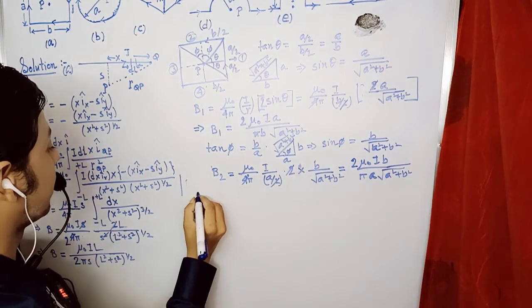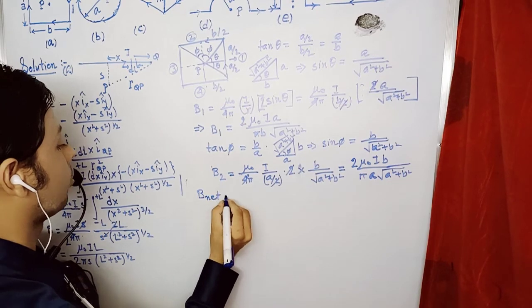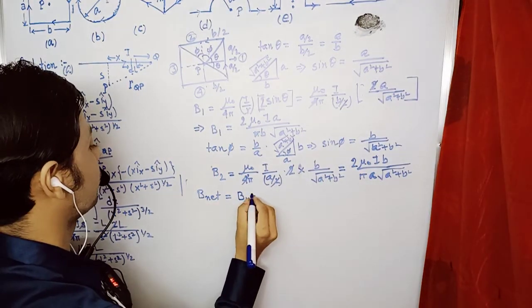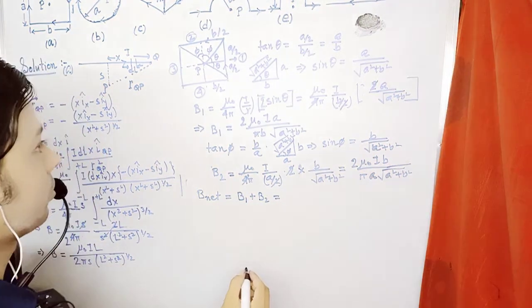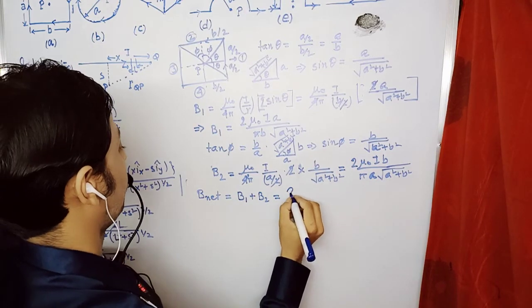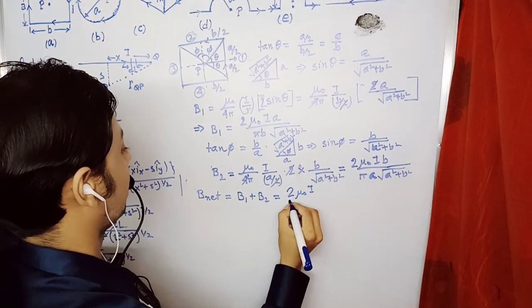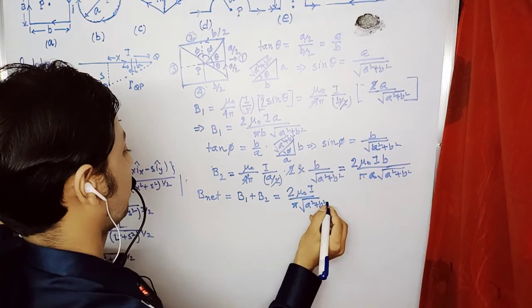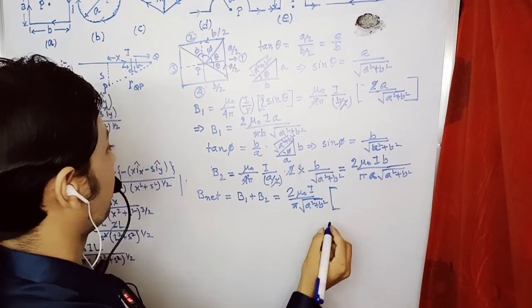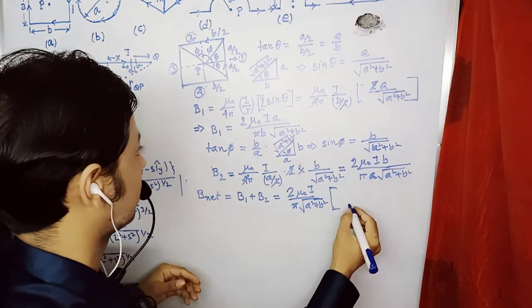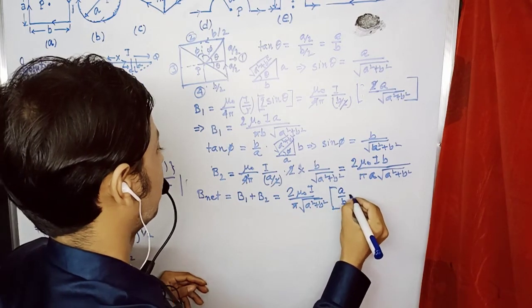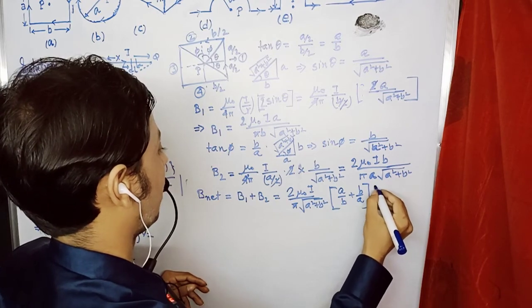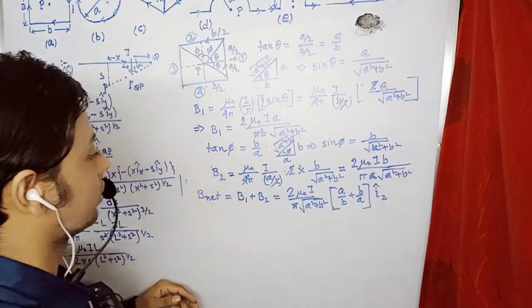So our net magnetic field B net will be equal to B1 plus B2, which is equal to 2 mu naught I divided by pi under root a square plus b square, multiplied by a upon b plus b upon a, and its direction is z cap.